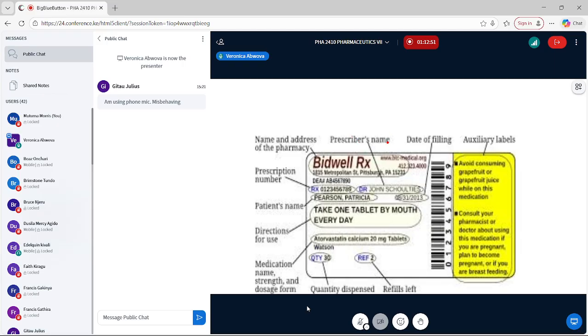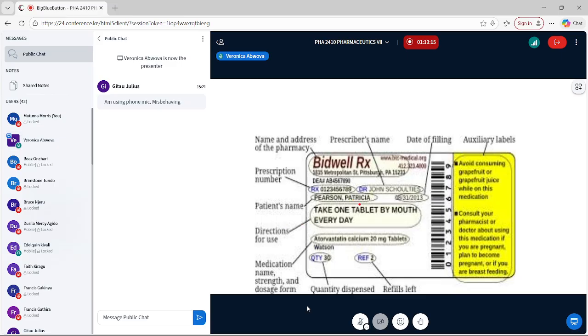We said this prescriber's name is not a legal requirement. But if your system is able to generate it, you better have more information than less. The date of filling, the prescription number, patient's name. This is important. It's a legal requirement.